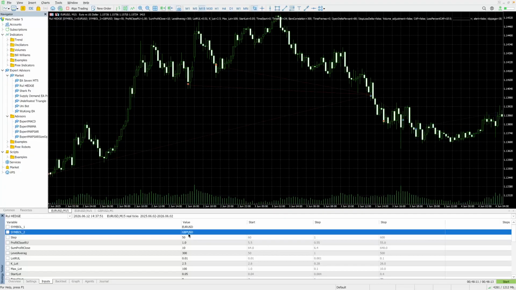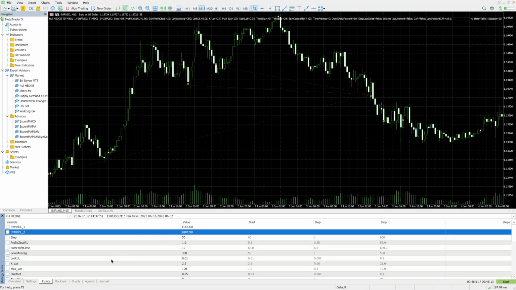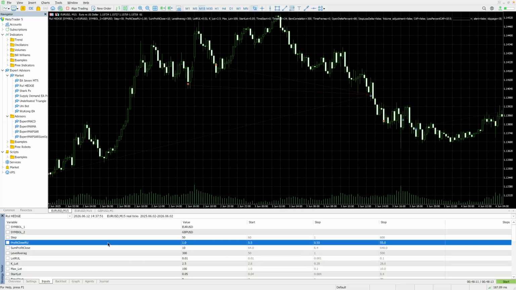These are the defaults, and I actually had to get the defaults from the developer from the MT5 page. These are the default settings, just like this here, and I used these exact numbers and parameters to input on my MetaTrader 5 to be able to run the backtest.